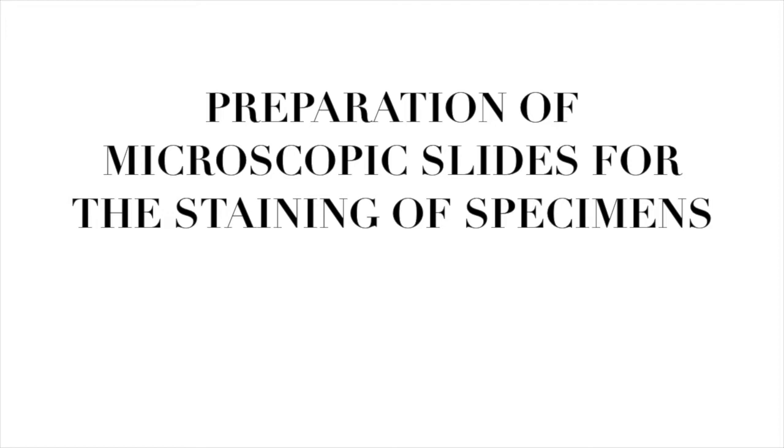And in order to preserve the slide or the microorganisms for future study, we need to fix and stain the cells. So in this video, we will see both the fixation process and the dyes used in staining methods in a detailed manner.